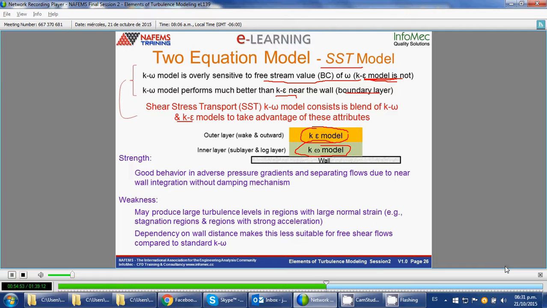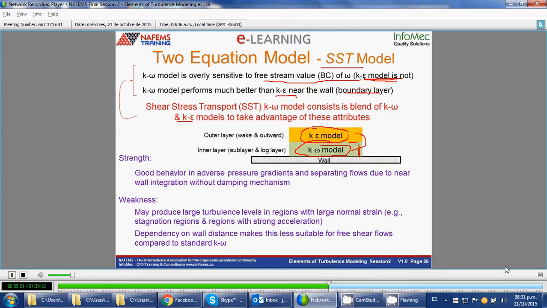The problem is it may produce large turbulence regions when you have, for example, regions with strong accelerations or stagnation regions. One of the things is the code usually decides where to switch between K epsilon and K omega.